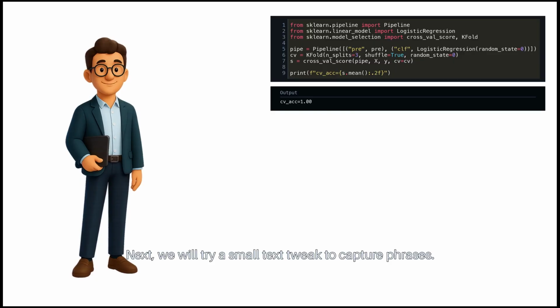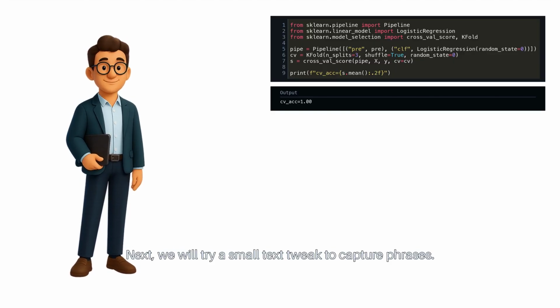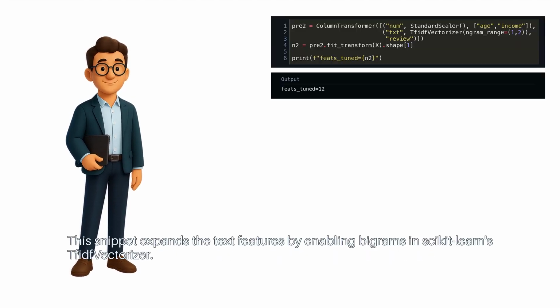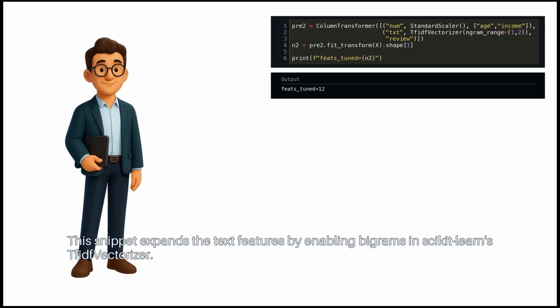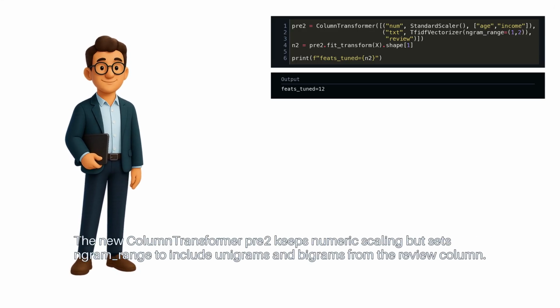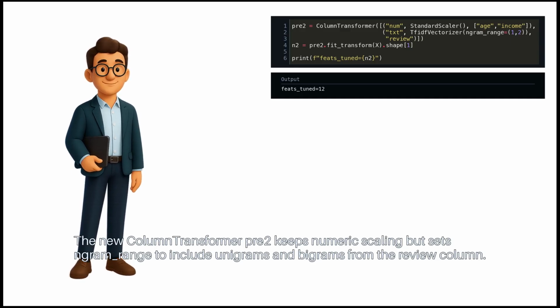Next, we will try a small text tweak to capture phrases. This snippet expands the text features by enabling bigrams in scikit-learn's TfidfVectorizer. The new ColumnTransformer pre2 keeps numeric scaling, but sets n-gram range to include unigrams and bigrams from the review column.